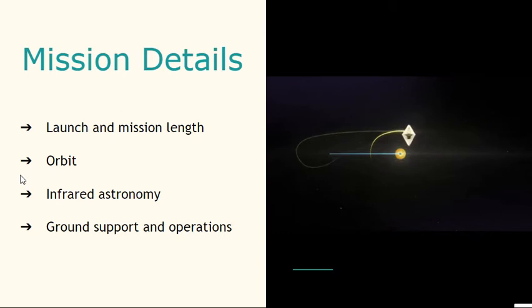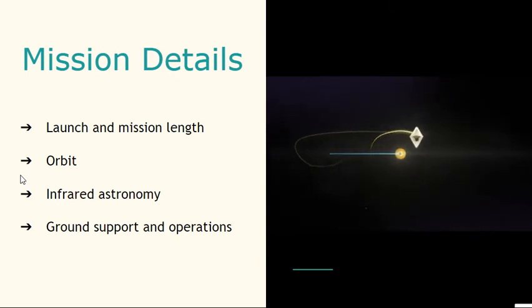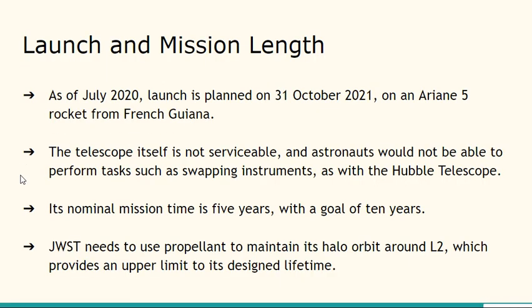spectrum. So let's talk about the mission details, like how it is going to be launched, orbit, infrared astronomy, and how the people on the ground will be able to control it. The launch is meant to happen on an Ariane 5 rocket, which is a French rocket, an ESA rocket, a European Space Agency rocket, from French Guiana.